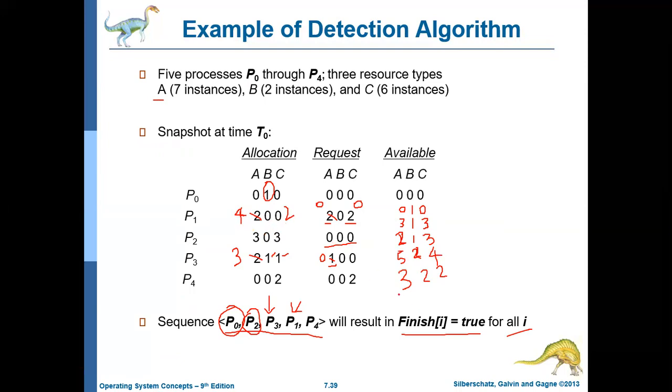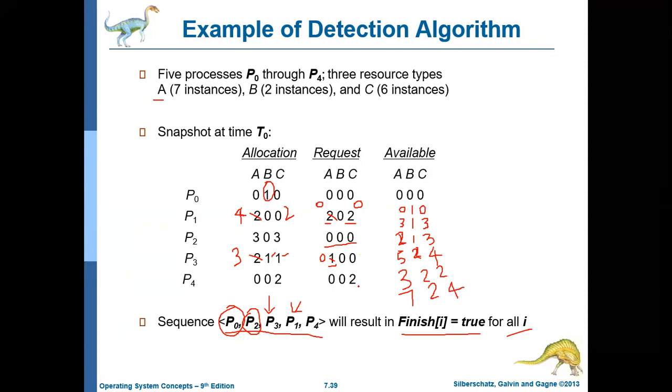So it will become 4 plus 3, 7, this 2, and 2 plus 2, 4. Now finally P4 will execute. P4 needs 2 instances of C. Can it be granted?